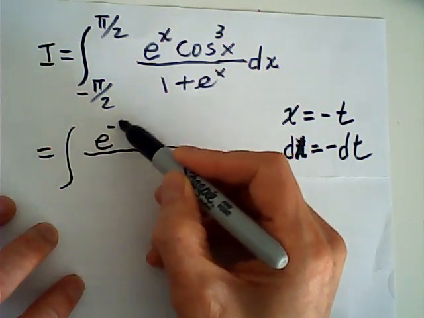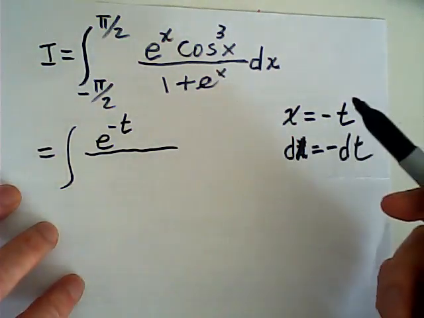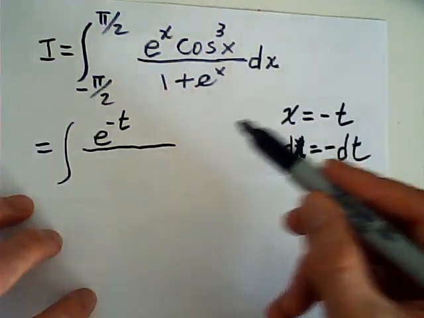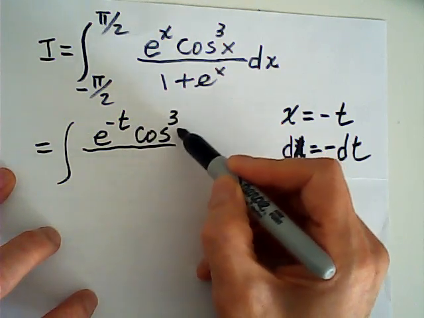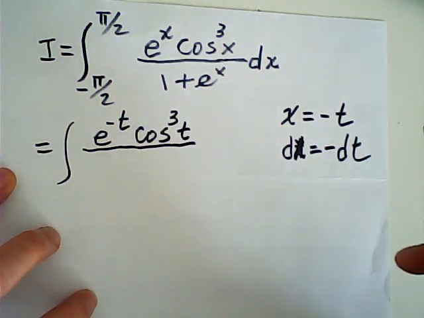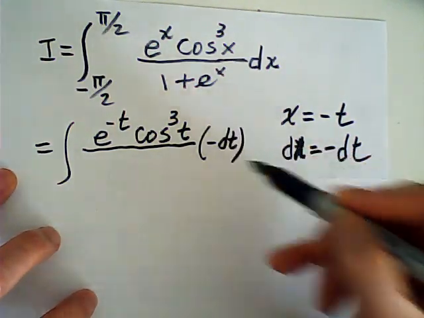e to the negative t. The cosine of negative t is the same as the positive t. Therefore, this is cosine cube t and negative dt, right?